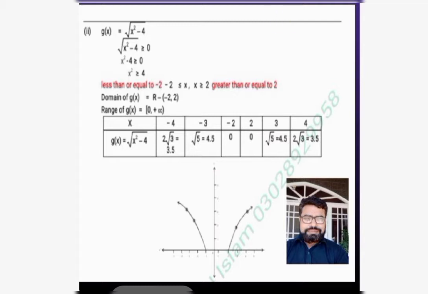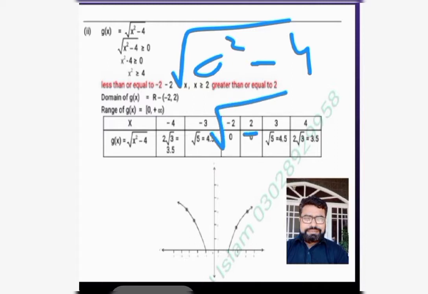If you put 0 here, 0 square minus 4, the answer will be minus 4. Here again, in square root there is a negative sign and its answer will be 2 iota. It's a complex number, it's not a real number, so 0 is not a domain.